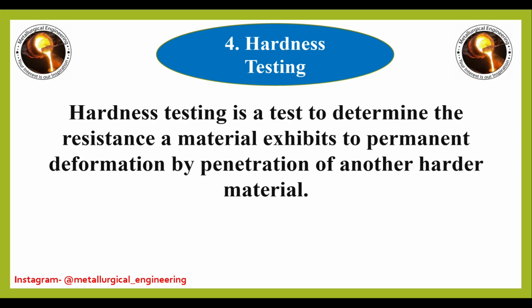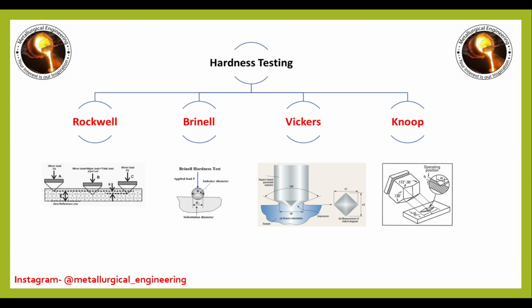Now the hardness test. Hardness is the ability of a material to resist scratching on the surface. It is a surface property, and we penetrate the surface using a harder material to check the resistance of the surface to scratching. These are the different kinds of hardness test.